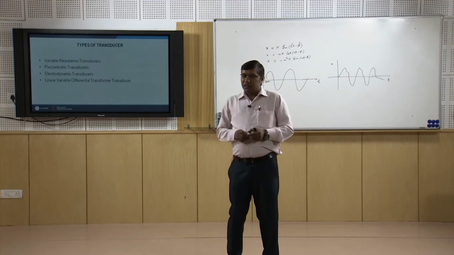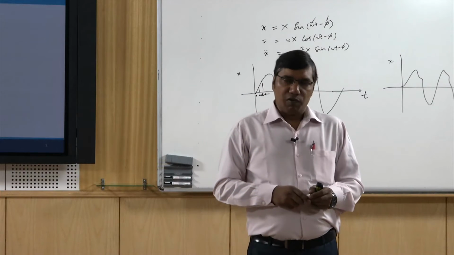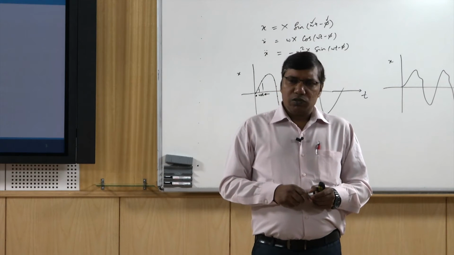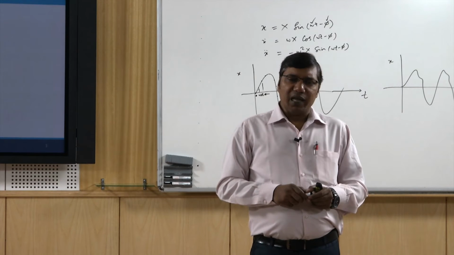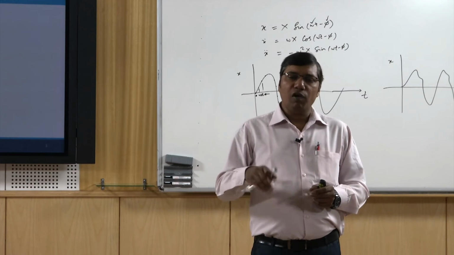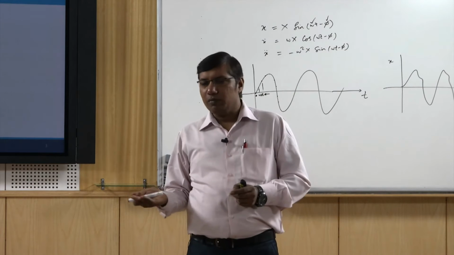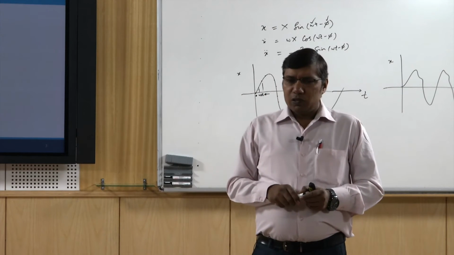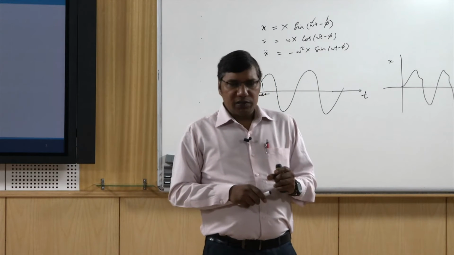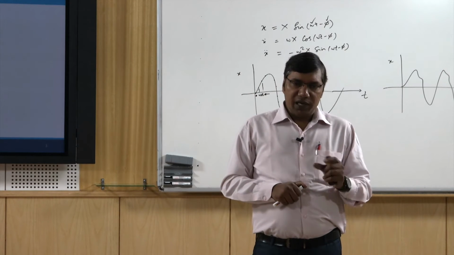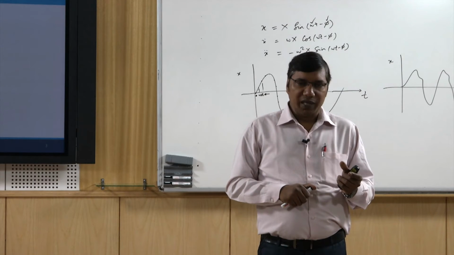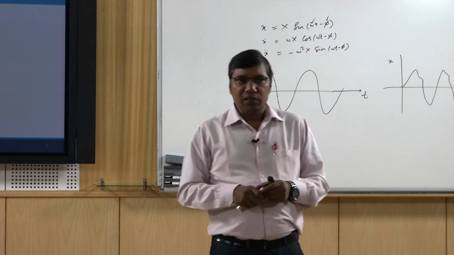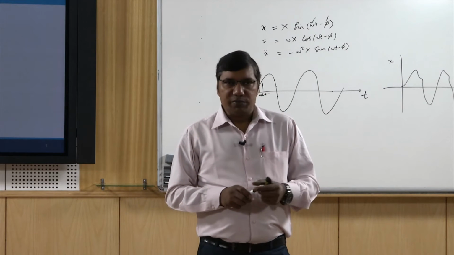So, first let us discuss some general types of transducers. Transducers, as I said, transform the physical variable into some equivalent electrical signal. So it means there should be some relation, that the electrical signal is related to some mechanical aspects.